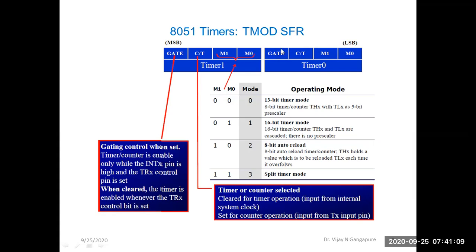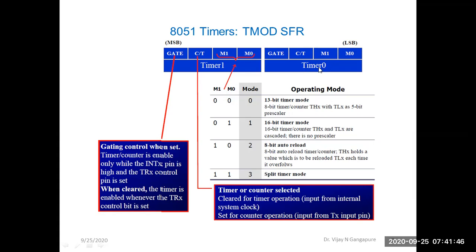Okay, the gate bit. Here the explanation is given for the gate bit, that is, the gating control. This bit is called the gating control bit, and when it is set, a timer or counter is enabled only when the INTX pin is high and the TRX control pin is set. By using this bit, we can control the operation of timer 0 from outside the 8051.